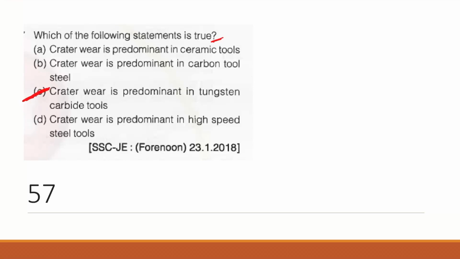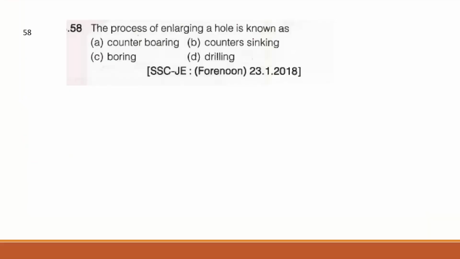While tungsten carbide tool contains cobalt as a binder, which can diffuse as temperature is 800 to 900 degrees Celsius. Ceramics are carbides or oxides of metal and will not diffuse. So here the correct answer is C. Crater wear is predominant in tungsten carbide tools. This is the true statement.